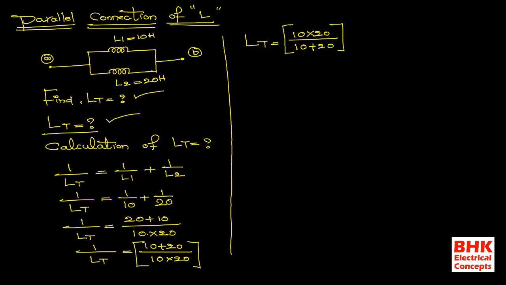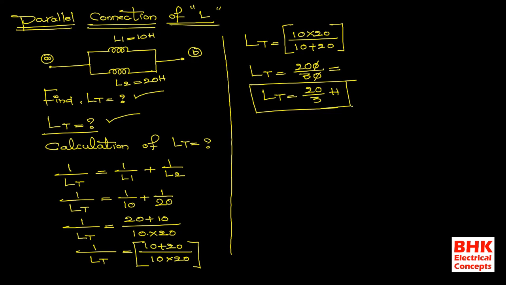Okay, so by solving this, 20 into 10 means 200, divided by 30, that is equal to, 0 0 cancel, then LT is equal to 20 divided by 3 Henrys. So this is the total value of inductance when these two are connected in parallel.